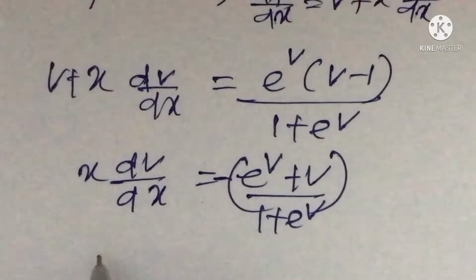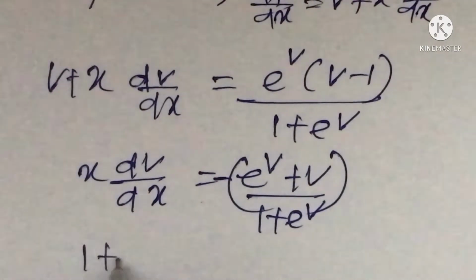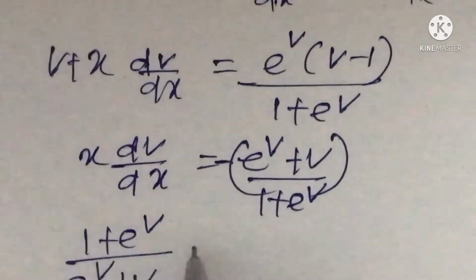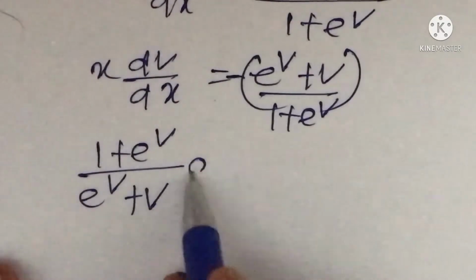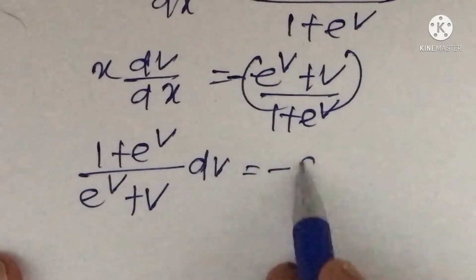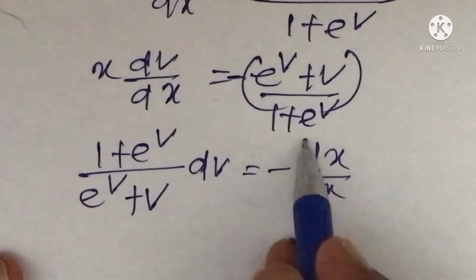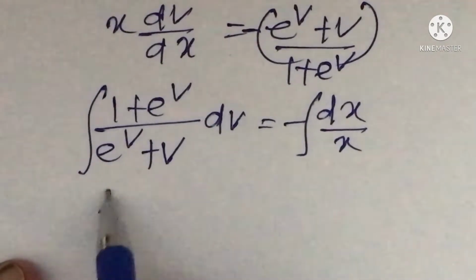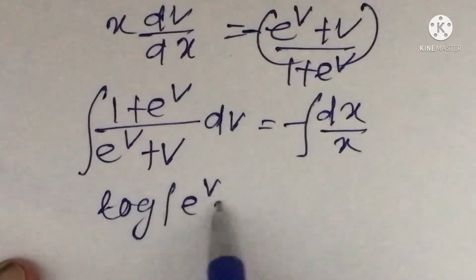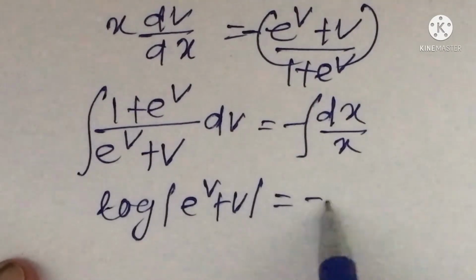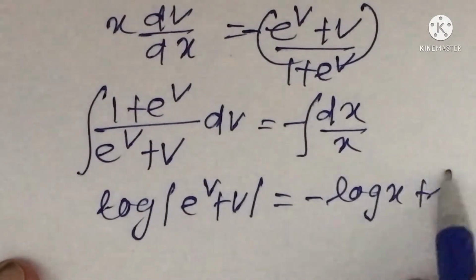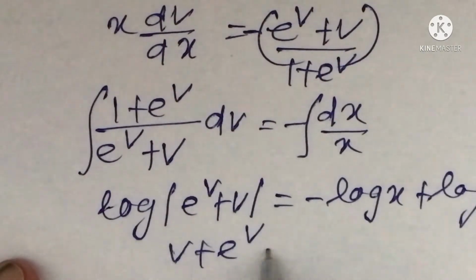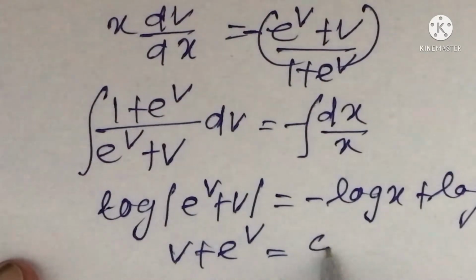Using variable separation, we get (1 plus e to the power v) by (e to the power v plus v) dv is equal to minus dx by x. On integrating both sides, we get log of (e to the power v plus v) is equal to minus log x plus log c, or v plus e to the power v is equal to c by x.